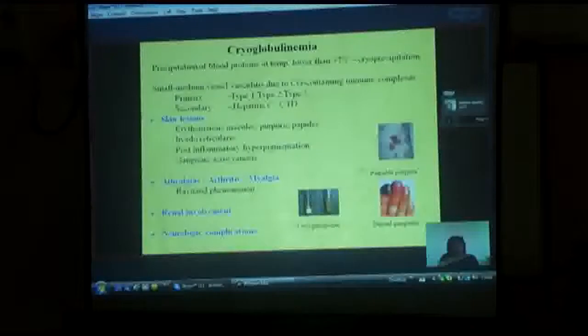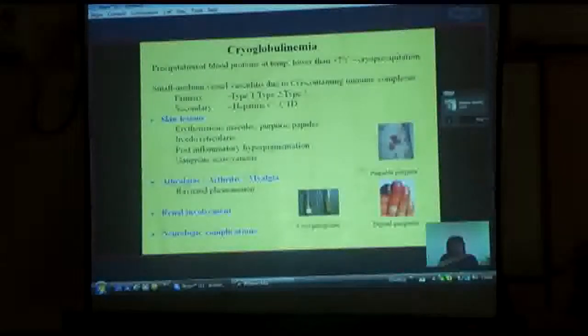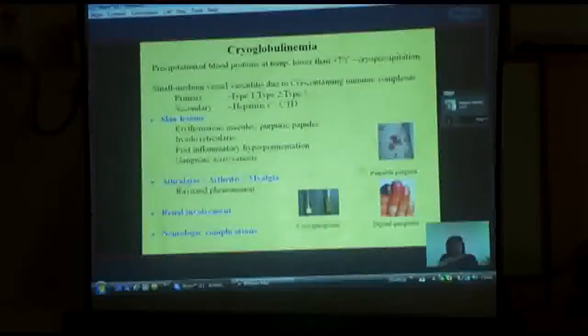Cryoglobulinemia is a small and medium vessel vasculitis due to cryoglobulin-containing immune complexes. Here there is precipitation of blood proteins at temperatures lower than 37 degrees. There is a primary and a secondary form. The secondary is due to hepatitis C infection and may be associated with connective tissue diseases.